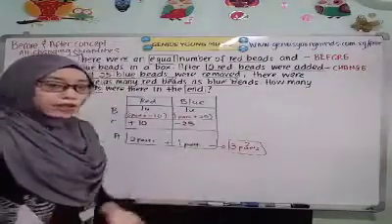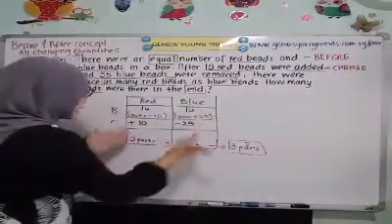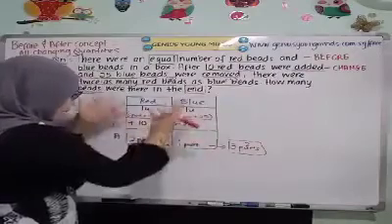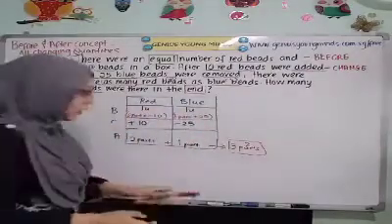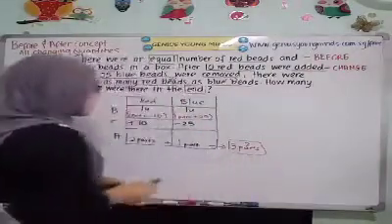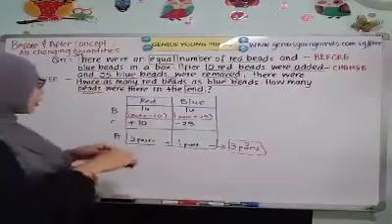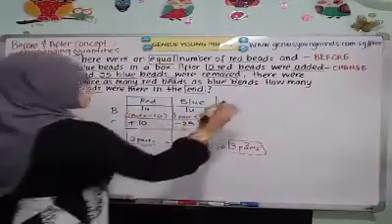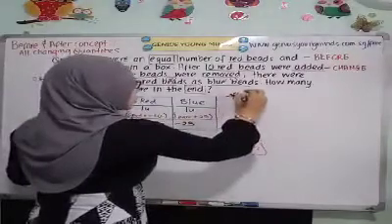Now, I want you to actually visualize. If you cannot visualize, I'm going to draw the model to actually tell you what is going on here. What am I going to do with the information? Okay? Alright? I want to find 3 parts here. So I'm going to draw out the model. Before I draw the model, I want you to know, this is a very important thing to take note.